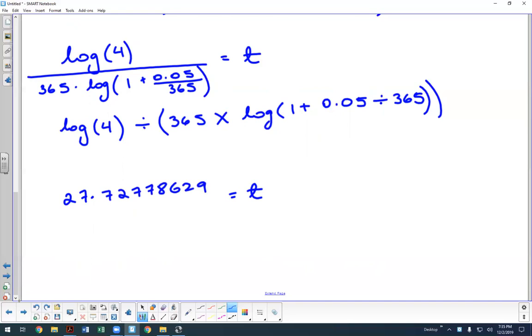Since they're asking us to round it to the nearest day, we do not want to round these decimals. So this is the nearest day calculation. We know we have 27 years for sure. So start by subtracting that 27 from your calculator first, so that you only have this 0 point and then this decimal, and multiply that decimal by 365.